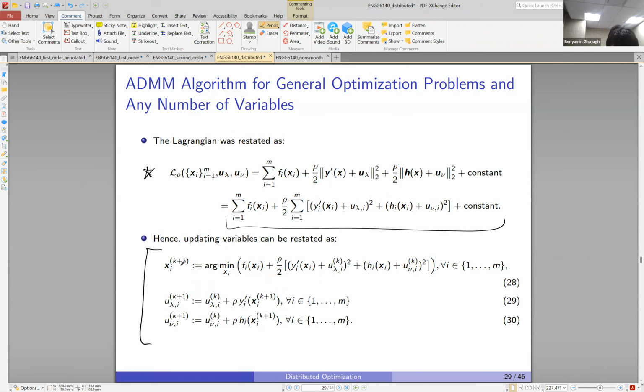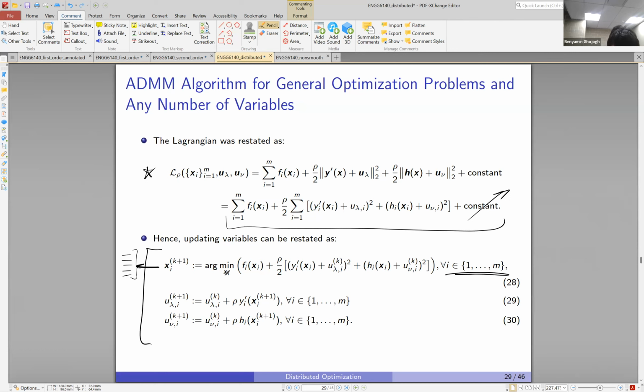So I can have this for each of the m. So this is m lines actually. For each of them, I have this term. This is a constant and it can be dropped. By the way, this is the summation of f_i(x_i), but for x_i, only f_i(x_i) is left, and the other terms are constant and can be dropped. Therefore, the summation can be dropped, right?